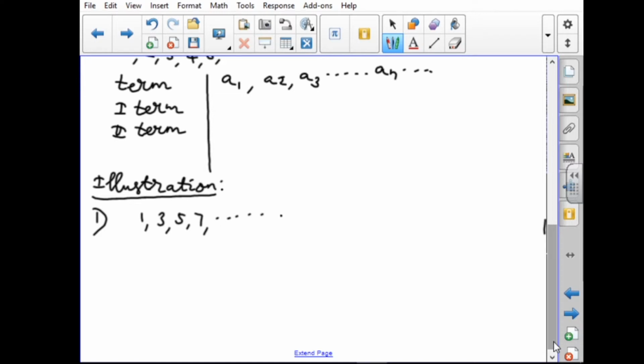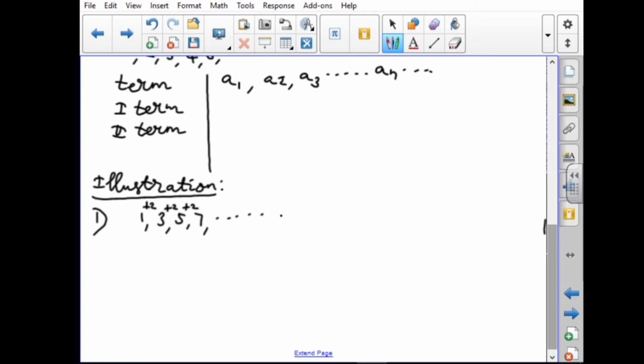First we have to find the difference. 1 plus 2 is 3, 3 plus 2 is 5, 5 plus 2 is 7. So we add 2 to get the next number.